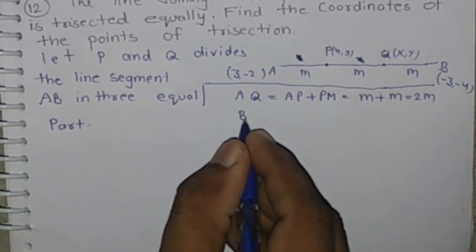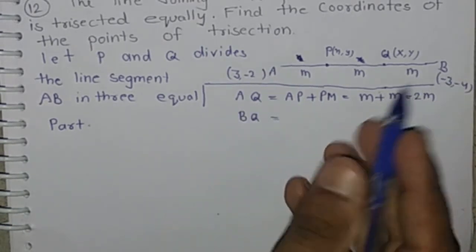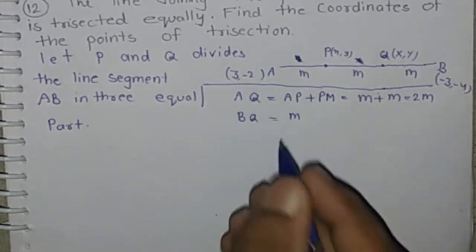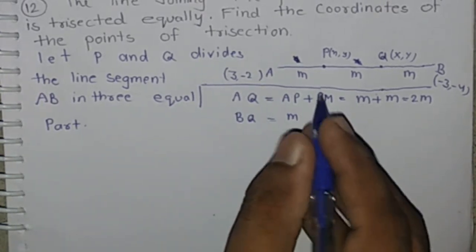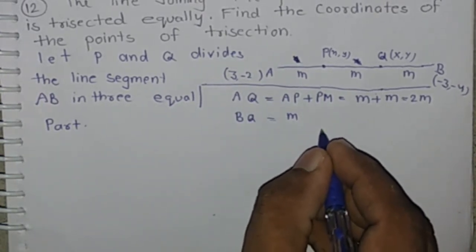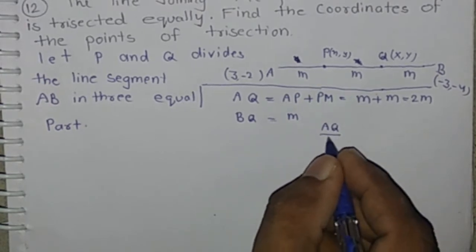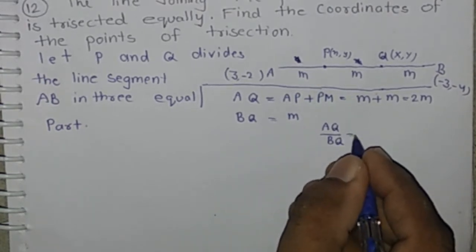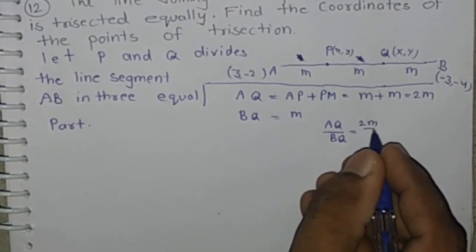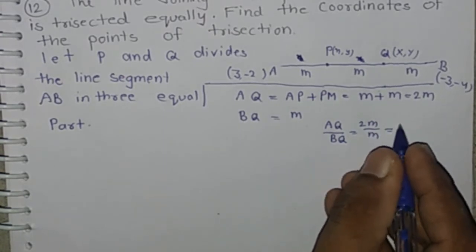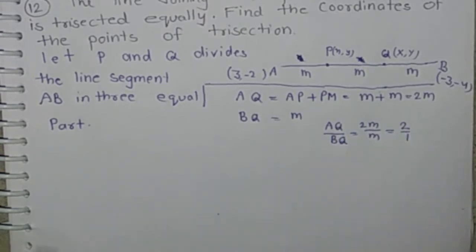BQ is M, then AQ by BQ is 2M by M, means 2 by 1.